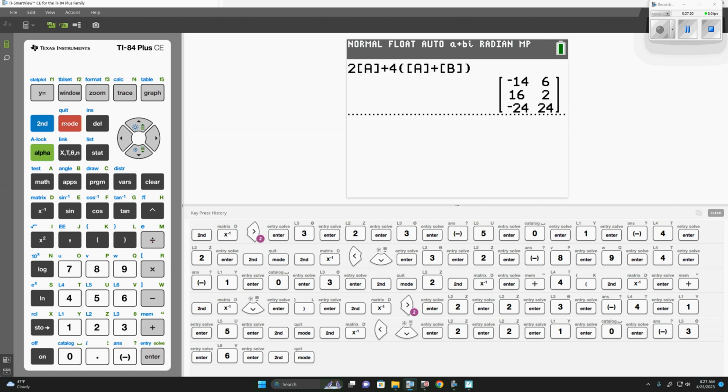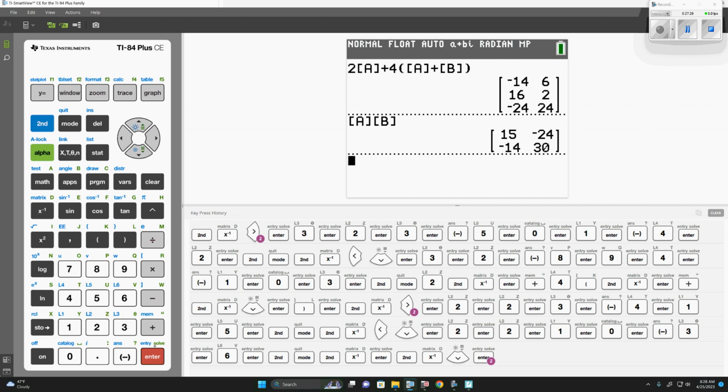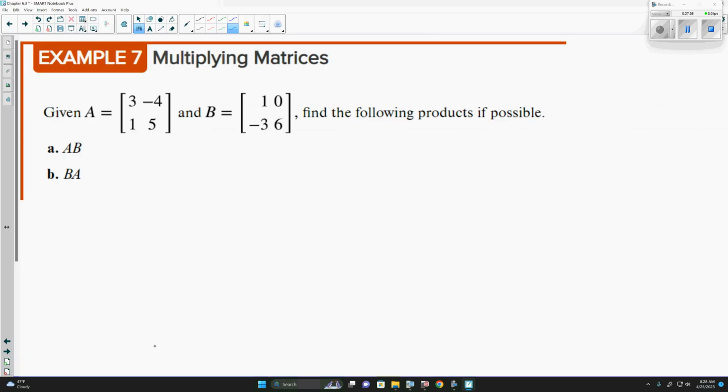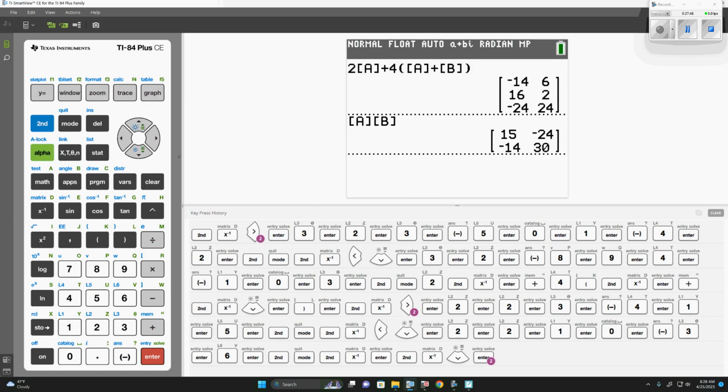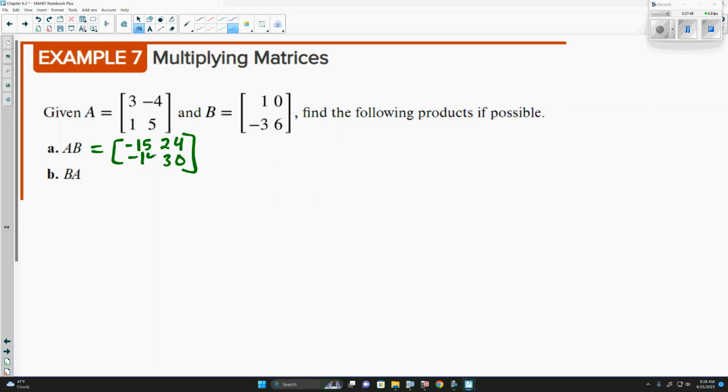Once we get them both typed in, to multiply them together, we go second matrix A, second matrix B, hit enter, and we get our matrix. So we can say A times B is negative 15, 24, negative 14, 30.